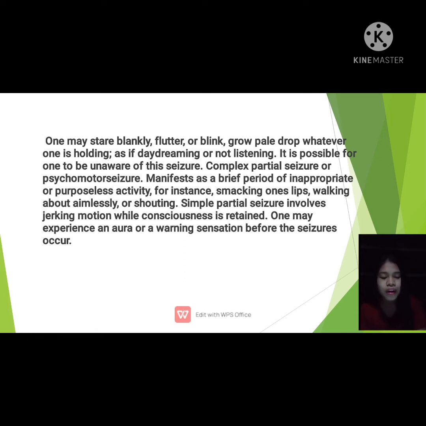Complex partial seizure, or psychomotor seizure, manifests as a brief period of inappropriate or purposeless activity, for instance, smacking one's lips, walking about aimlessly, or shouting. Simple partial seizure involves a jerking motion while consciousness is retained. One may experience an aura or a warning sensation before the seizure occurs.